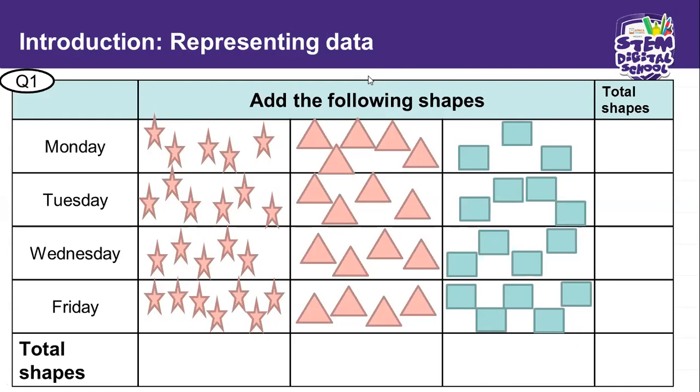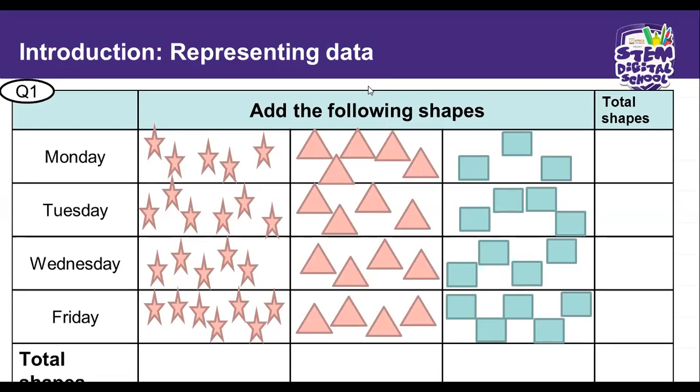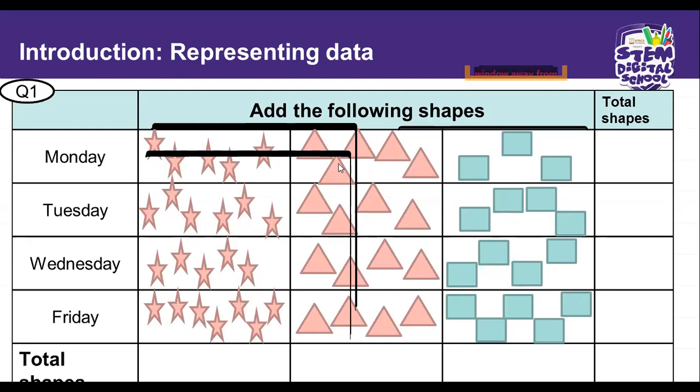Kunasha, yes. How many stars do we have there? 5. And then how many triangles? 5.